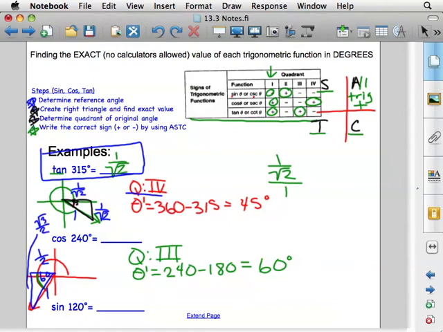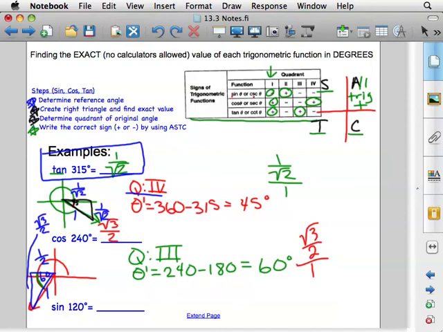We're trying to find our cosine of this angle, so we take the adjacent side over the hypotenuse, which gives square root of 3 over 2 divided by 1, which is just square root of 3 over 2.